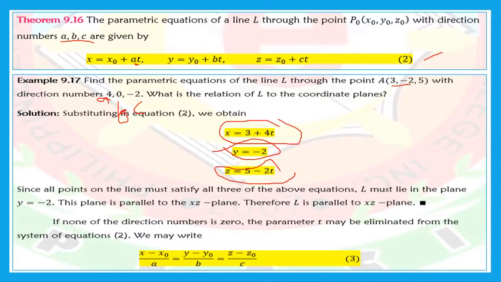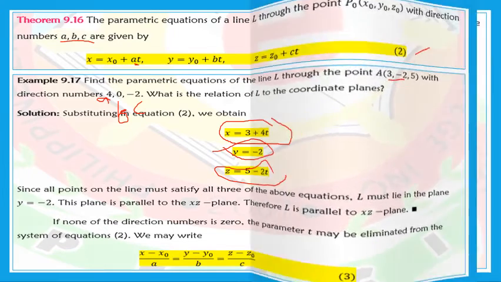So, para ma-eliminate yung parameter t, we may write (x minus x sub o) over a equals (y minus y sub o) over b equals (z minus z sub o) over c. So, solving for the value of t sa tatlong equation na to. So, equate lang natin silang tatlo.